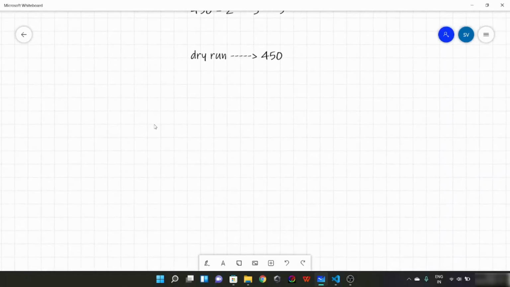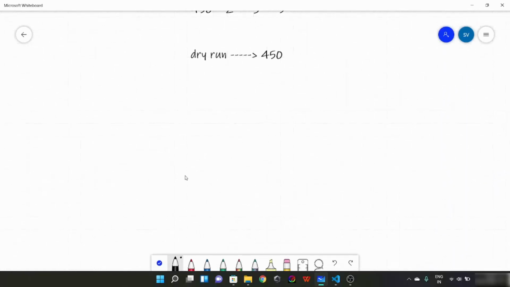Now let's try doing a dry run for it. So first our i would be 2. So we're going to print 2. Then we are going to divide 450 by 2.